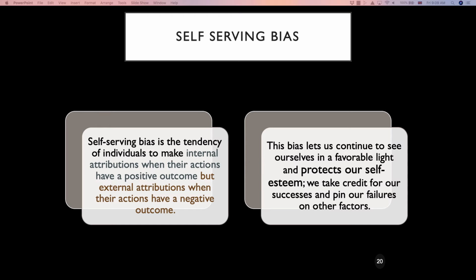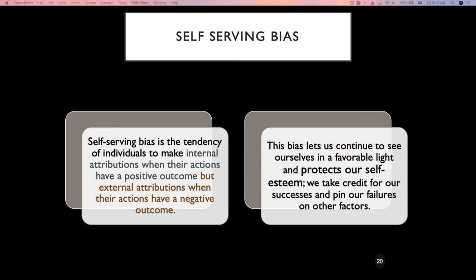It wasn't your writing. So if we have a positive outcome, we think it's our doing. We are the ones who made it happen. But if we have a negative outcome, it is the external environment. And this is all to do with protecting our self-esteem, to make us feel better.